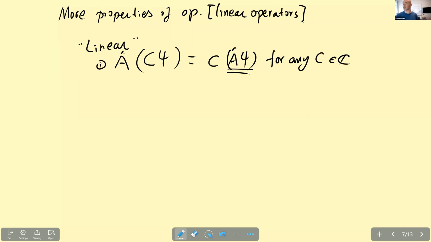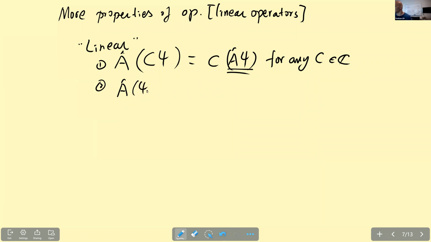So this is one condition. And secondly, if you have two wave functions, you have a superposition. So I should write this in a more compact form, okay?